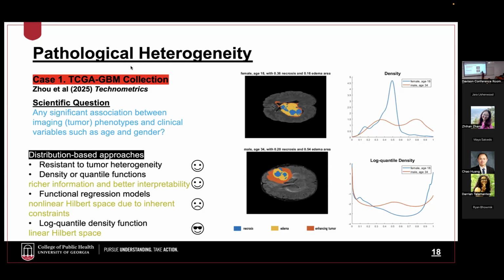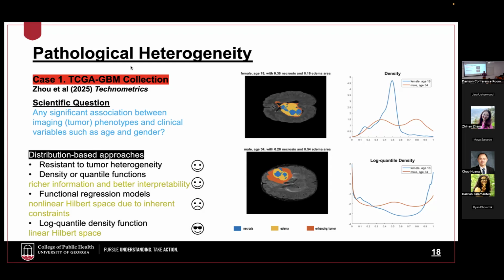And here, we just want to introduce a new representation method. We call it the log quantile density function. After you apply this specific transformation, we can transform this density function into another specific space. The good thing is that this is a linear functional space, which means that you can do any kind of summation, subtraction, and also multiplication with some numbers.